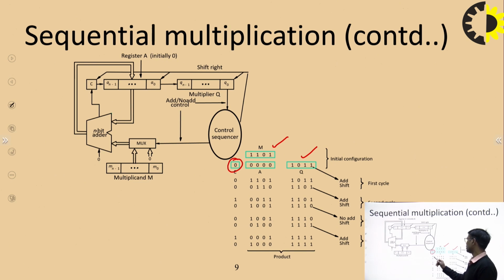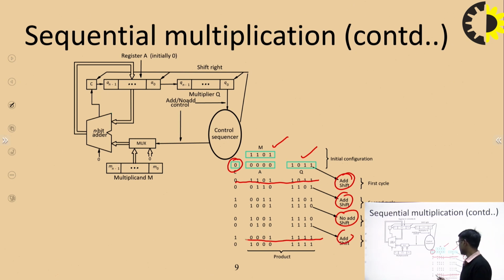Fine. So, this is the initial value, and then we do the add and shift operation. The first step is add and shift, then add and shift, then no add, then add and shift, and finally this array will contain the product.